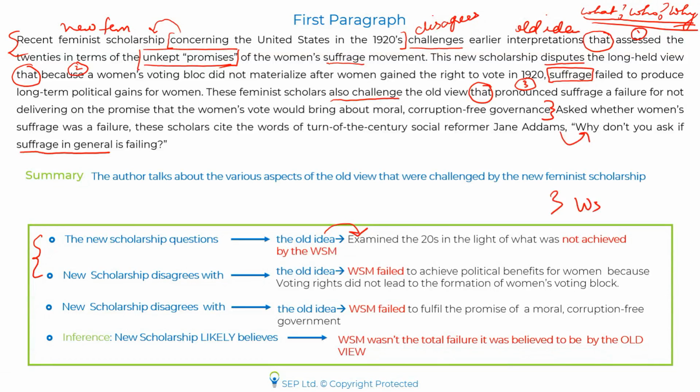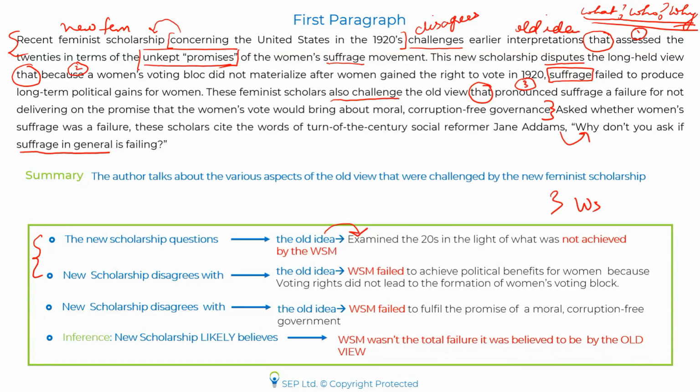And probably, according to the old view, those were not kept, not met, not fulfilled. But the new feminist scholarship doesn't agree with that. So Akansha, let me know if I have answered your query. The others seem to have understood this quite well. Wonderful. So this is the summary of the first paragraph.